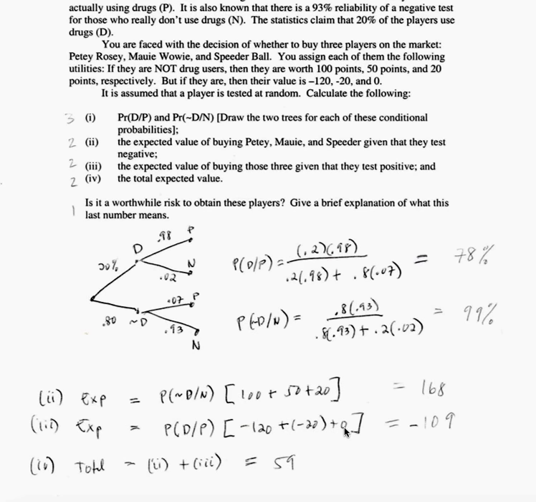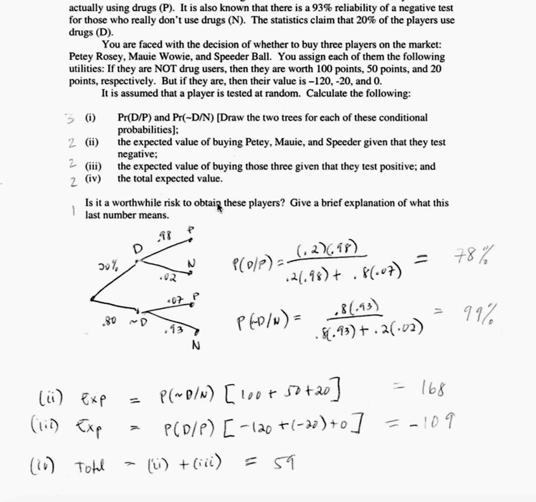So this is your calculation. You're the guy in the back room determining whether or not to acquire these players based on their reputation, their past behavior, and their reputed use of drugs, and whether or not they'll be caught. And you determine that that value is negative 109. So this is maybe, if we're talking millions, maybe billions, who knows, right? Just a lot. So it's minus 109.